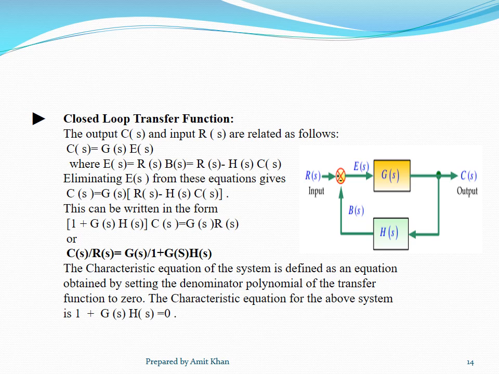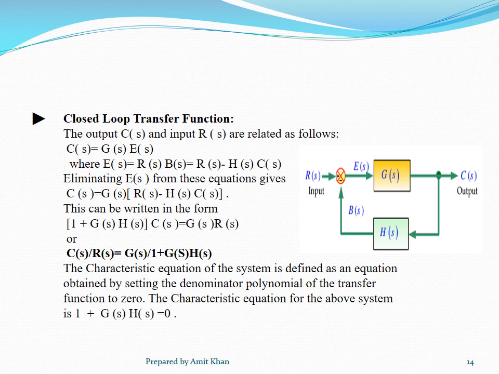If you eliminate E(s) from these equations, we get C(s) equals G(s) into R(s) minus H(s) into C(s). So this equation can be written as C(s)/R(s) equals G(s) divided by 1 plus G(s) into H(s), which is the closed loop transfer function.